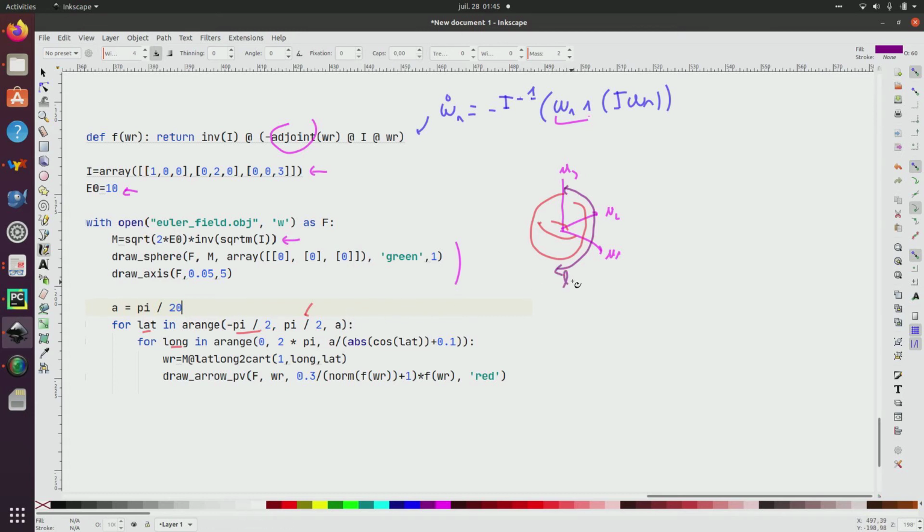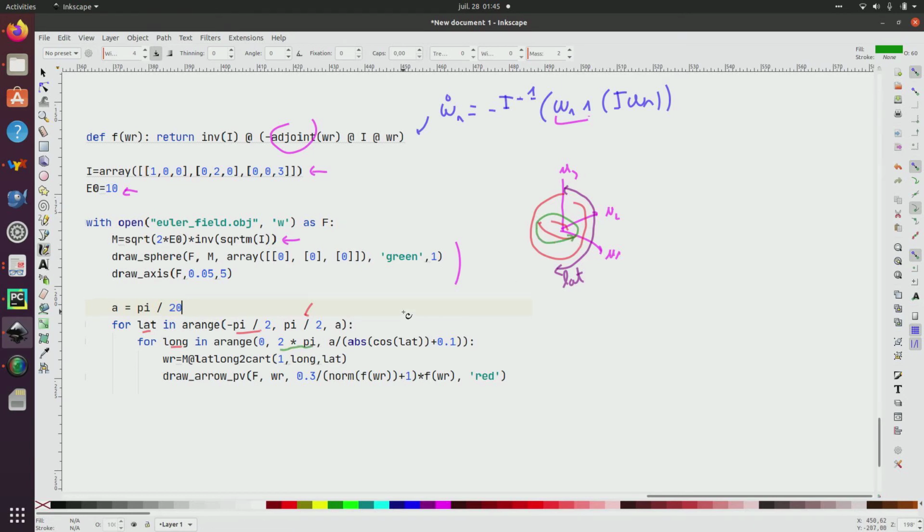This is the latitude. And the other one for the scanning will be the longitude, which goes from 0 up to plus 2 pi.